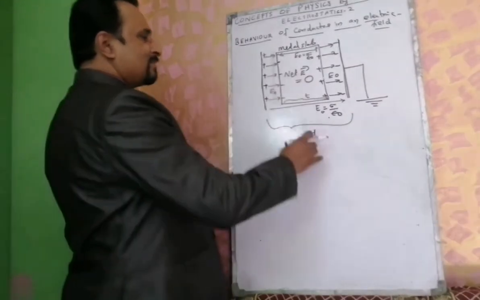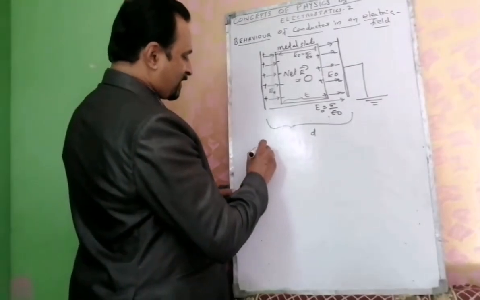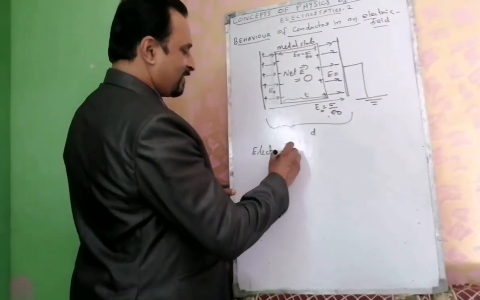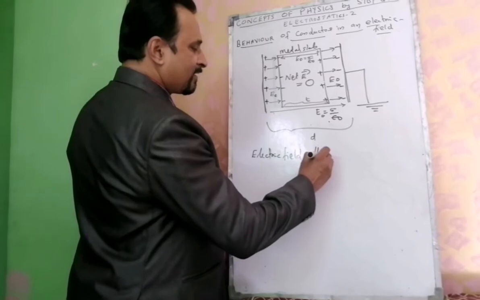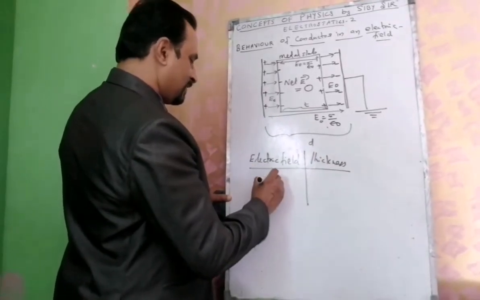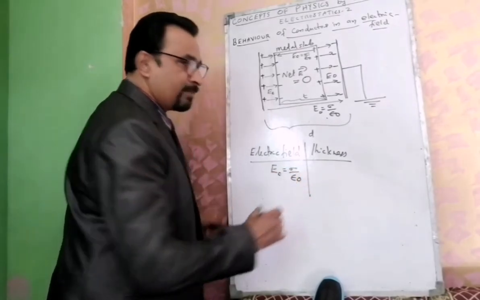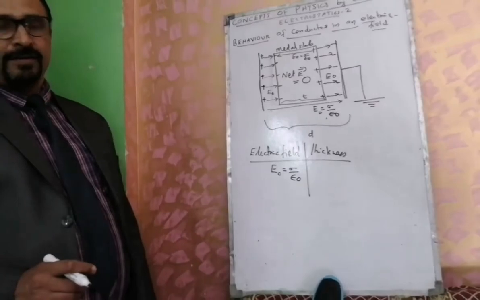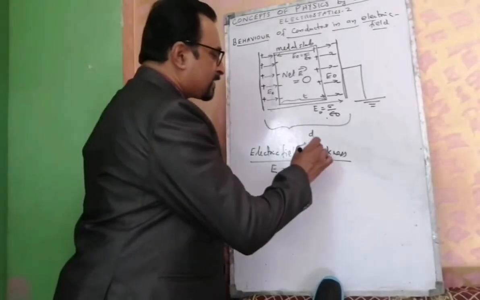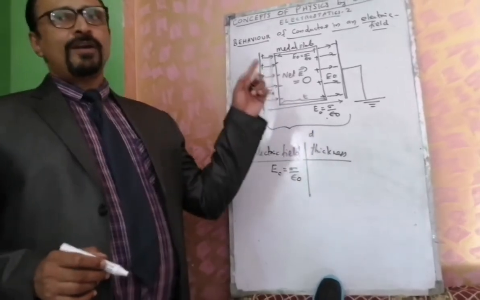Now you can summarize what has happened here. Electric field and corresponding thickness. Electric field E naught is equal to sigma by epsilon naught. What is the thickness over which this is acting? Is it D or T or D minus T?